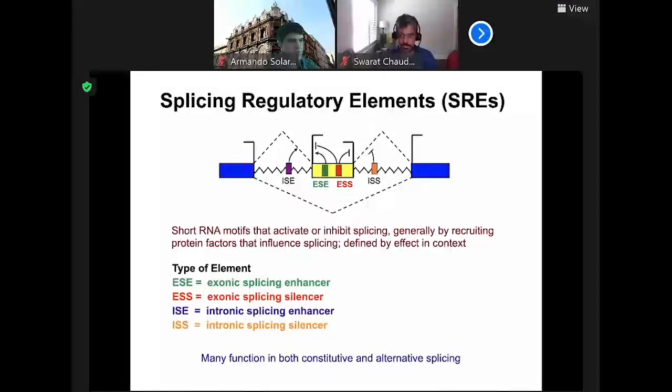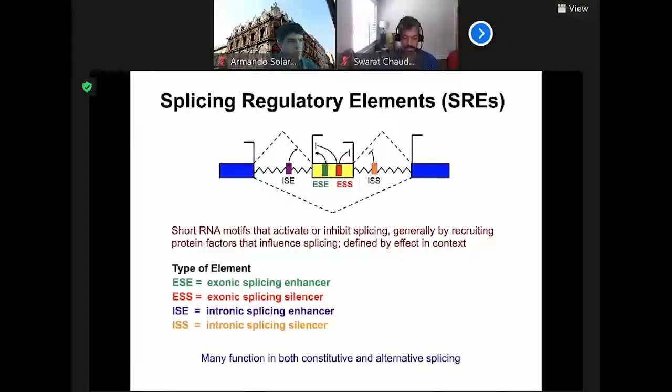Molecular biologists have described different types of elements that exist in primary transcripts that contribute to splicing. Generally, we call them splicing regulatory elements, sometimes SREs, and have categorized them into 4 different types.